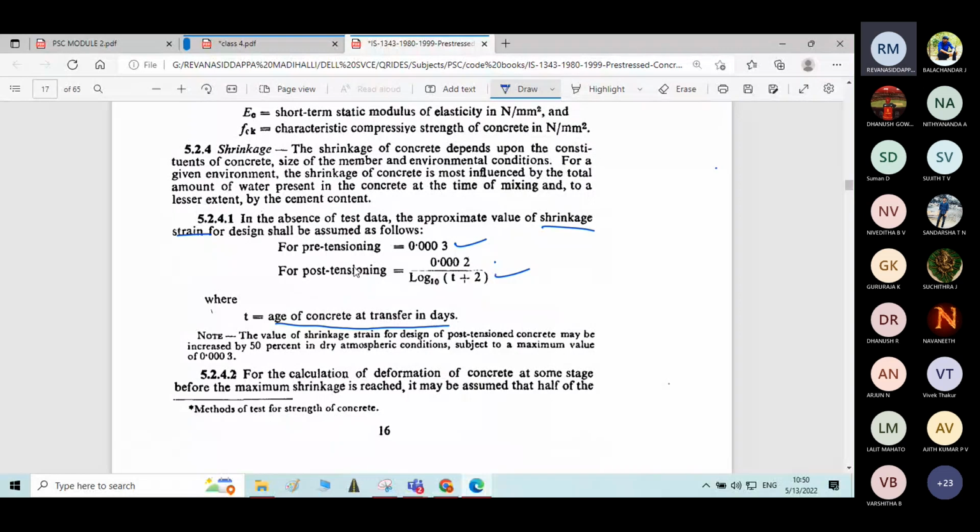For post tension, the type of beam here is post tension beam. So using this formula, 0.0002 divided by log to the base 10 of t plus 2, we can calculate the value of epsilon Cs, that is the shrinkage strain coefficient.